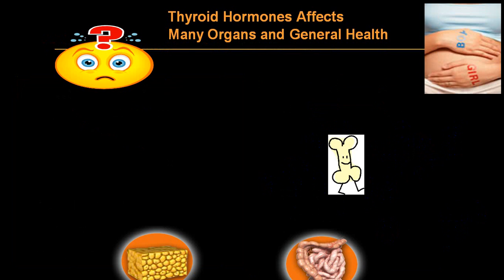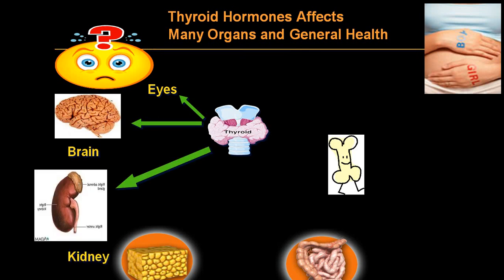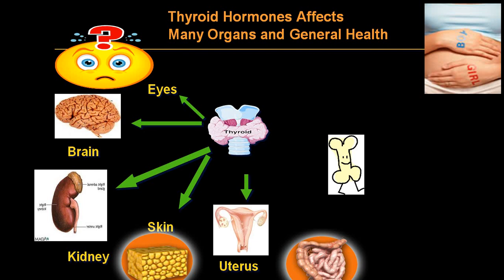Now T3 and T4 hormone has an effect on almost all organs. Eye, brain, it takes part in brain development. Kidney, it increases the GFR. On skin, on genital organs, ovary, testes.